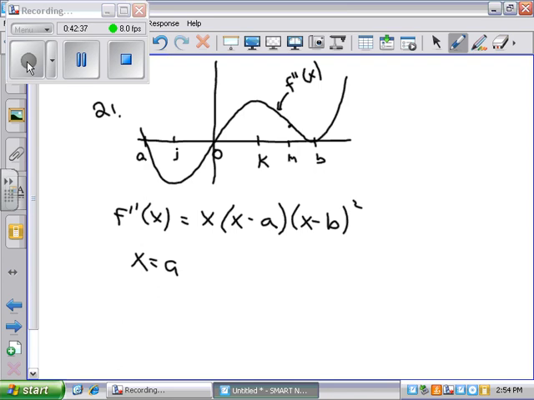So at A and 0, not B. I want to draw your attention again to this: when a factor has an odd power, like x to the first power, there's a sign change. This factor has an odd power, so there's a sign change at A. But when a factor has an even power, like x minus b, there's no sign change there. So 0 and A was the answer.